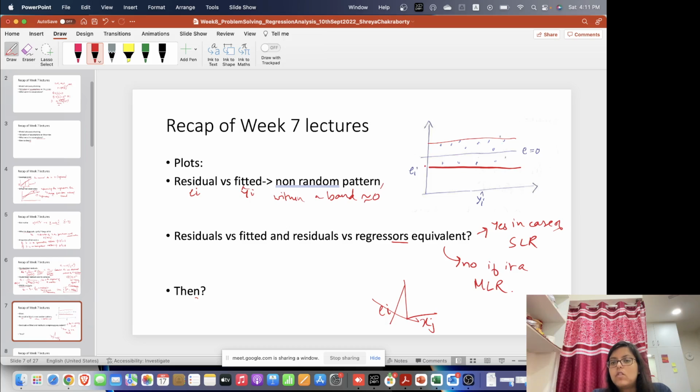We want the variances to be equal. Are residual versus fit and residual versus regressors equivalent? Yes in case of simple linear regression, but no when it's a multiple linear regression.